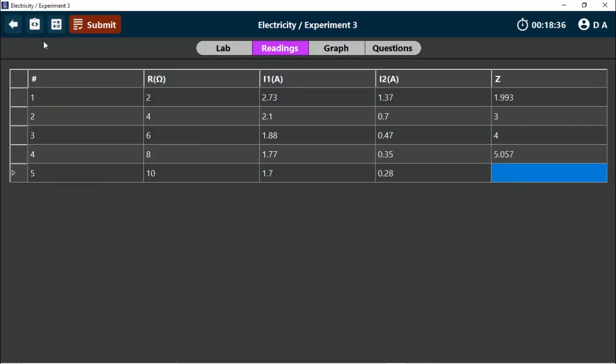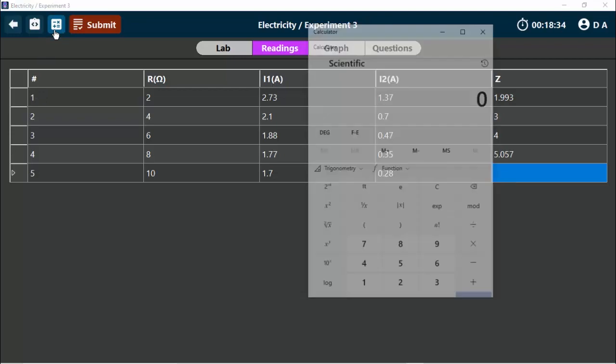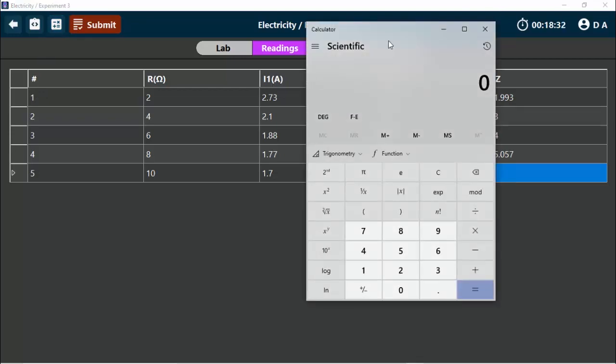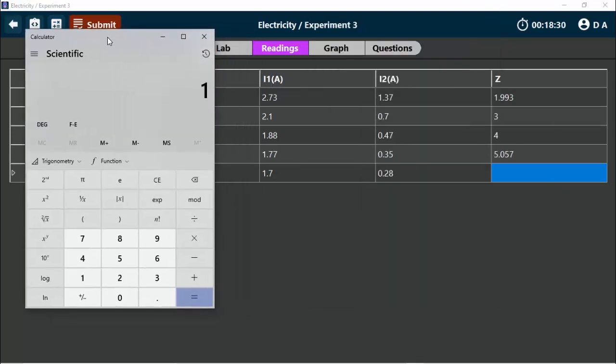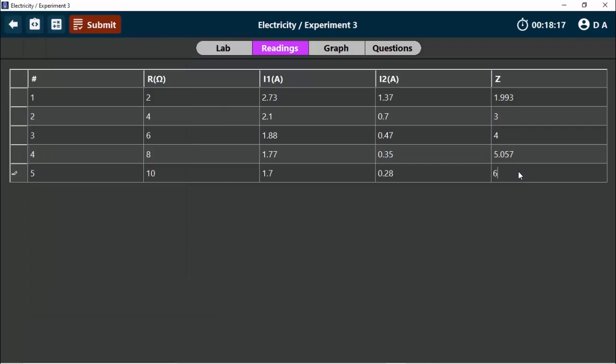So lastly, we have 1.7 divided by 0.28. So that gives 6.07. Okay, so we've got our readings completed. Now let's move on to the graph section.